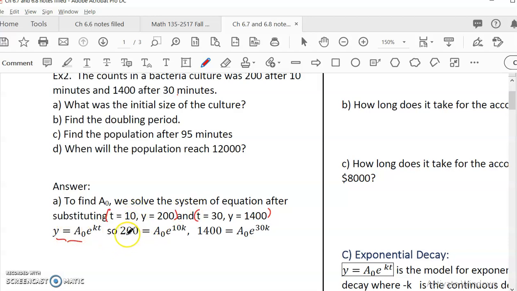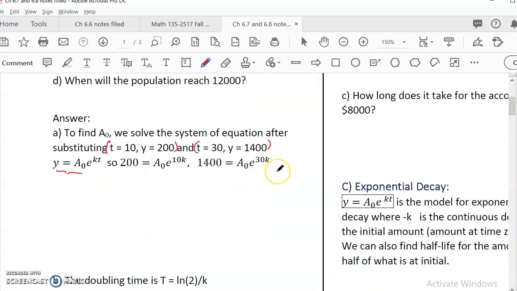So you have an equation of 200 equals a0 e to the 10k, because t is 10, not 10t. And then for the other, you have 1400 equals a0 e to the 30k. With these two equations, you can solve for k and also a0. And once you solve them, then you would have your model.